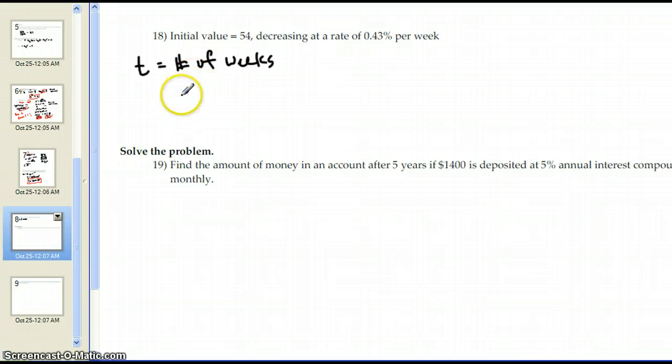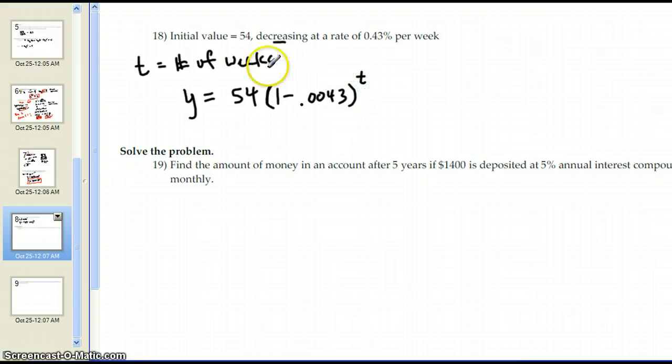Alright, and our equation will initially look like y equals, again, the 54 is our initial value times, this time because we're decreasing, when we multiply we're going to subtract from 1, changing this to a percent, so 0.0043. Alright, and then to the t power, again, where t is number of weeks.